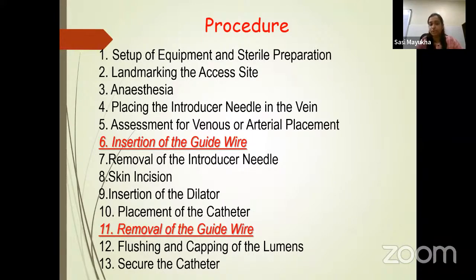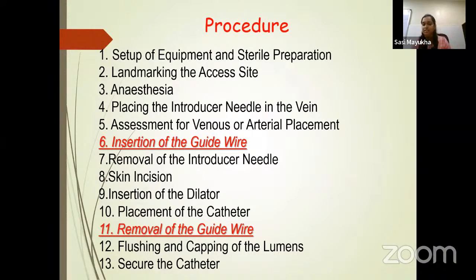After giving that, there are 2 ways you can do this procedure. One is landmark guided, one is ultrasound guided. The landmark guided procedures have been slowly moving out of date, and all of us have moved towards ultrasound guided procedures, mostly in the OT and ICU setups.